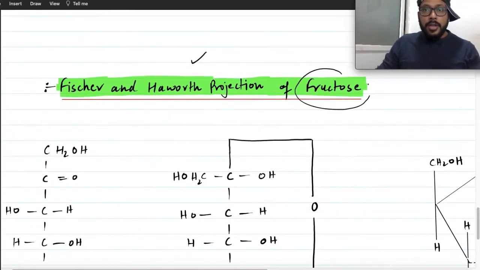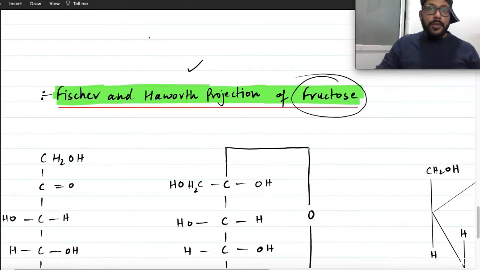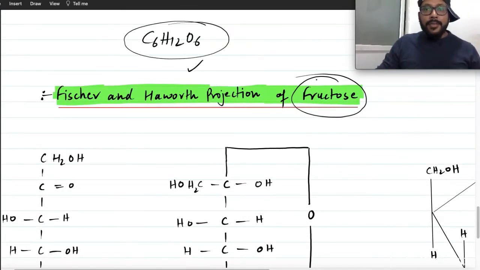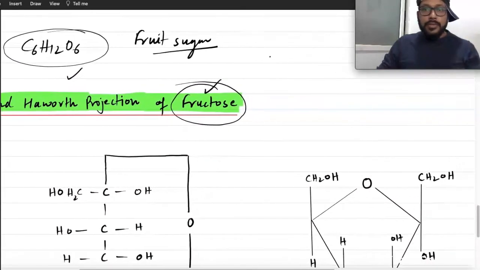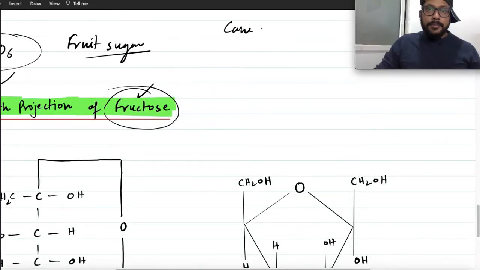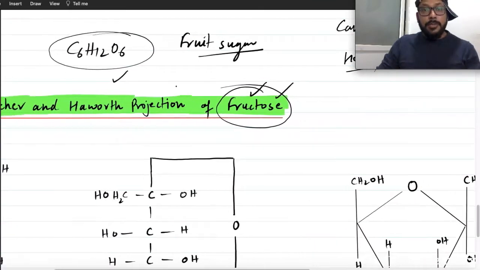Fructose has the same molecular formula C6H12O6 as glucose, and the word is taken from fruits. It is also called fruit sugar because a lot of fructose is taken from fruits. Okay, and you can also see cane sugar and honey, which also contain fructose in large amounts.